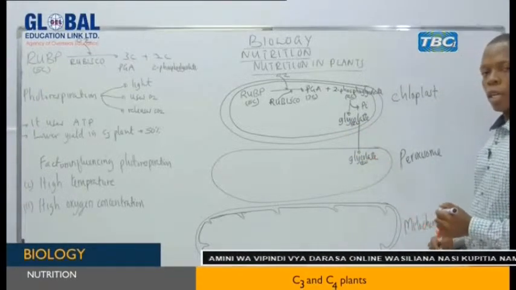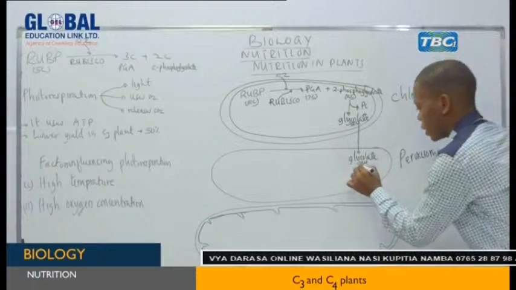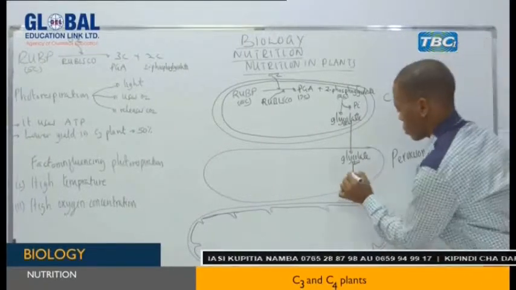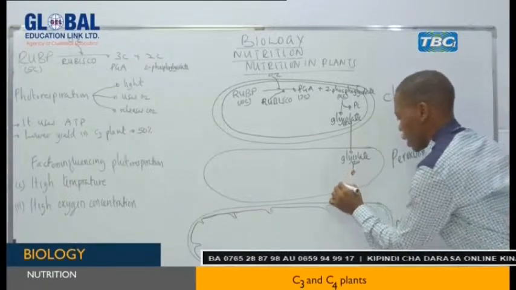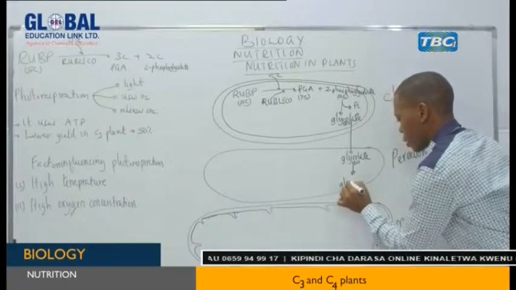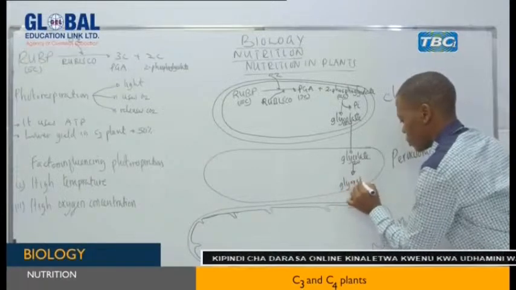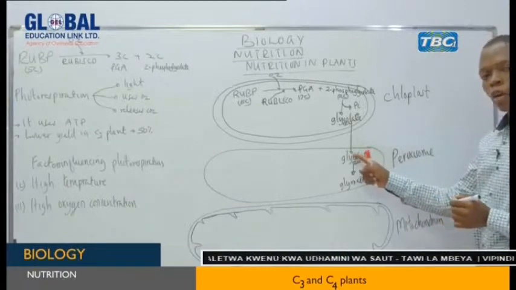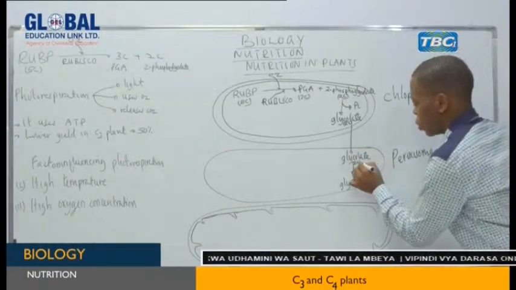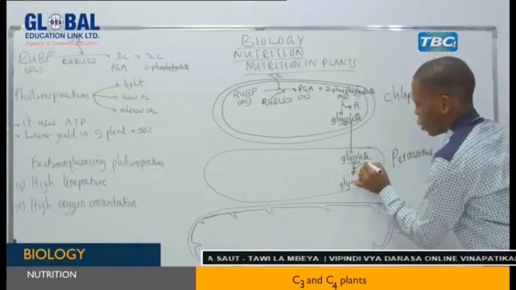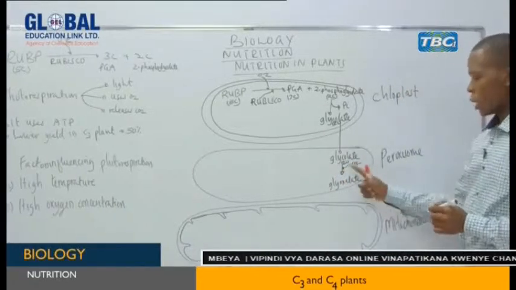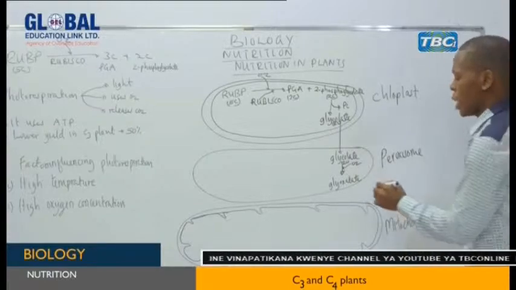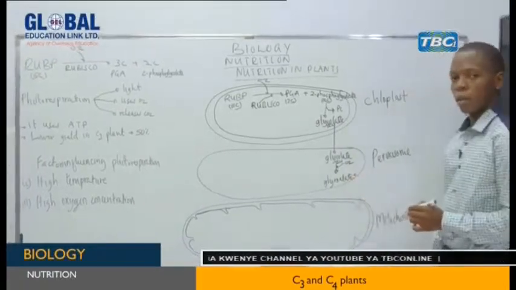The glycolate in the leaf peroxisomes is converted into another compound known as glyoxylate. But the conversion of this glycolate into glyoxylate uses oxygen. Once oxygen is used, it forms glyoxylate and hydrogen peroxide.